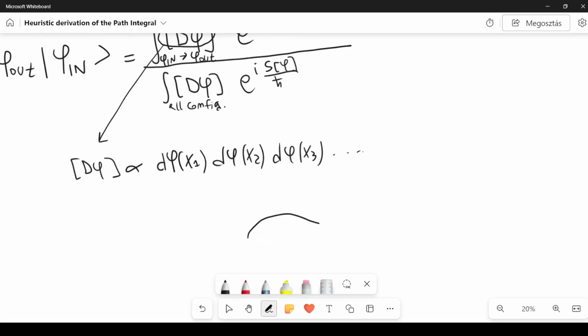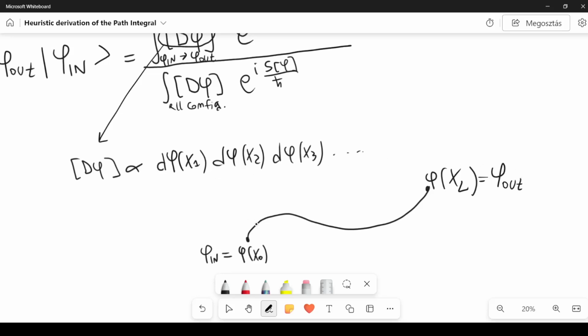So the way that you can picture this in your mind is the following. You have some kind of path that connects the initial configuration, which you can call phi of the initial point x0, for example, and you reach phi of xl. You can define this to be phi in, and you can define this to be phi out.